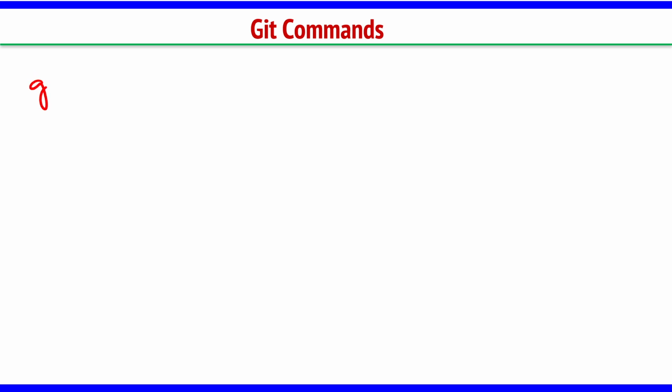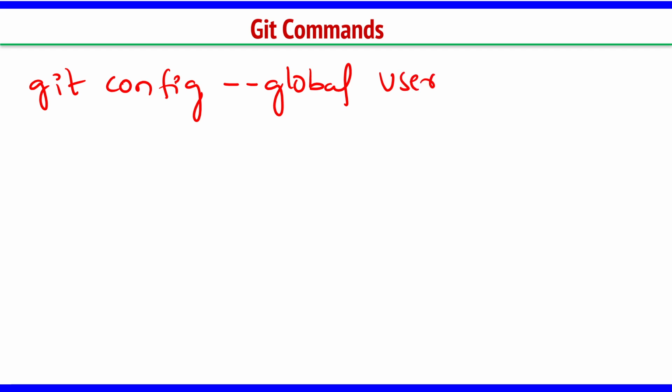I gave git config, then I put global, and then I gave user.name and I gave a name here. What is this?